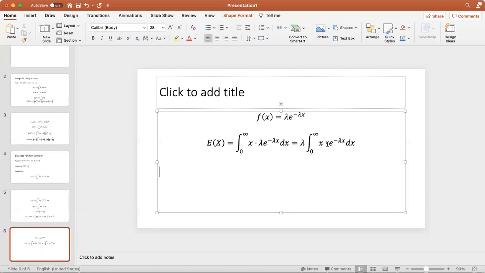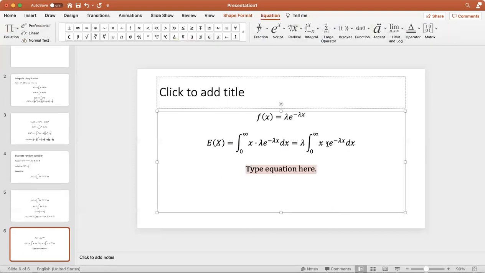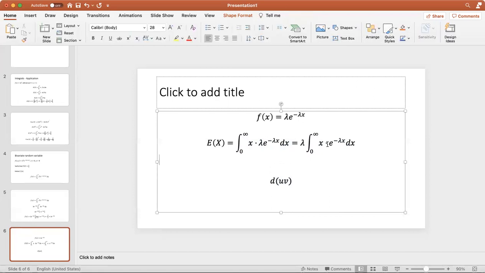So where does this principle of integration by parts come from? Basically, it's using the product rule of differentiation. Let me just mark this as integration by parts. So we know that when you take the derivative of a product of two functions, the product rule states that you take the derivative of the second function first, or regardless.